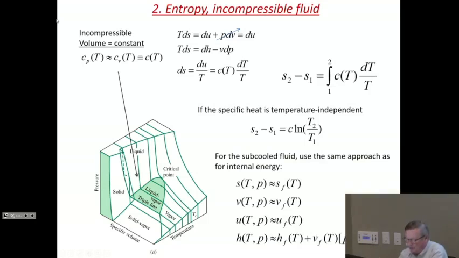Now, if we are going to go far into the subcooled fluid, and we are in a situation where the internal energy is not pressure dependent anymore, then the internal energy is the internal energy of the saturated fluid. And just in the same way, from this, you can see that the entropy is just the entropy of the saturated fluid.